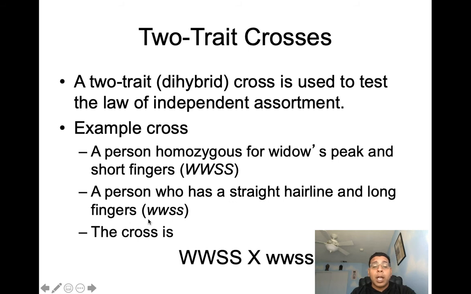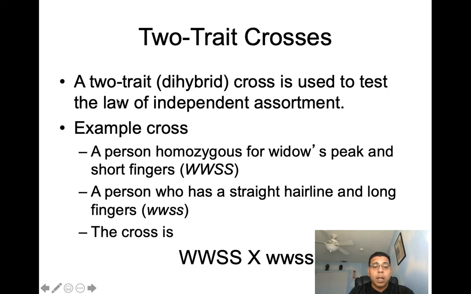Now, their genotype we can see is straight hairline, lowercase w, long fingers, lowercase s. Now, the cross is going to be capital W, capital S, mating with lowercase w, lowercase s.